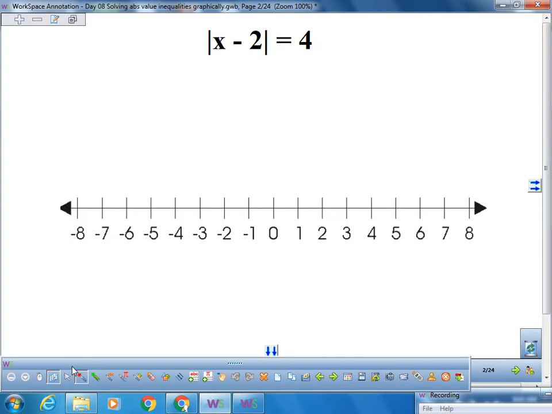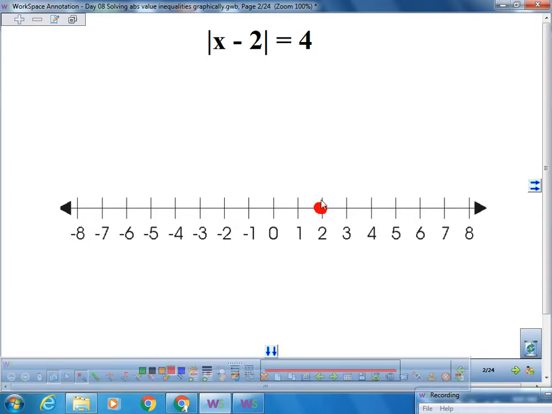Okay, so the meaning of x, and this is the meaning of this whole statement right here, is the difference between x and 2 is 4. If I'm right here at 2, and I'm saying the difference between x and 2 is 4, then that would be 1, 2, 3, 4, and 1, 2, 3, 4, right?